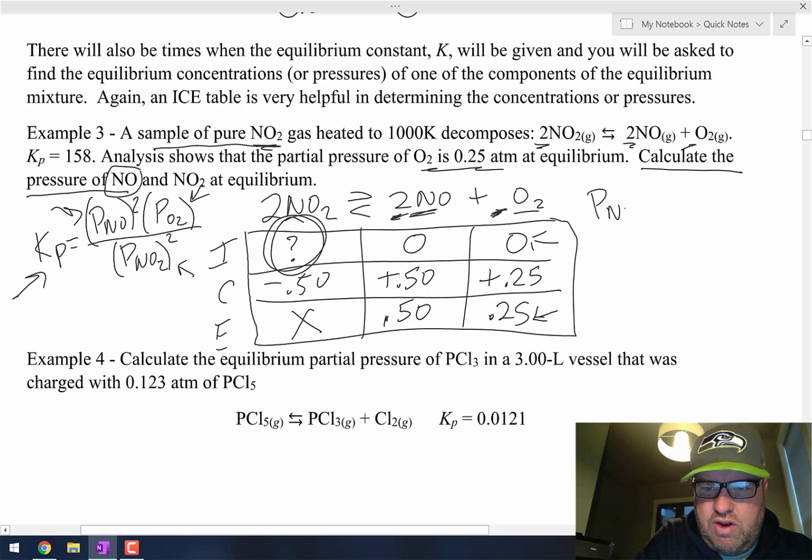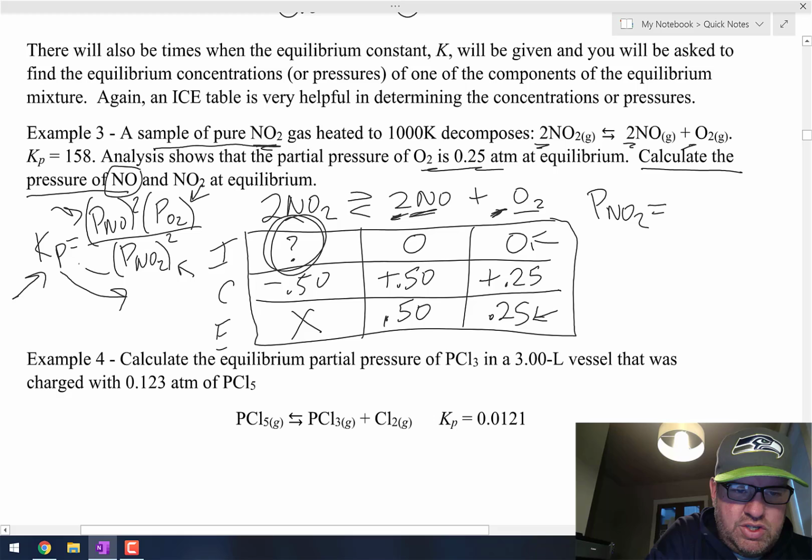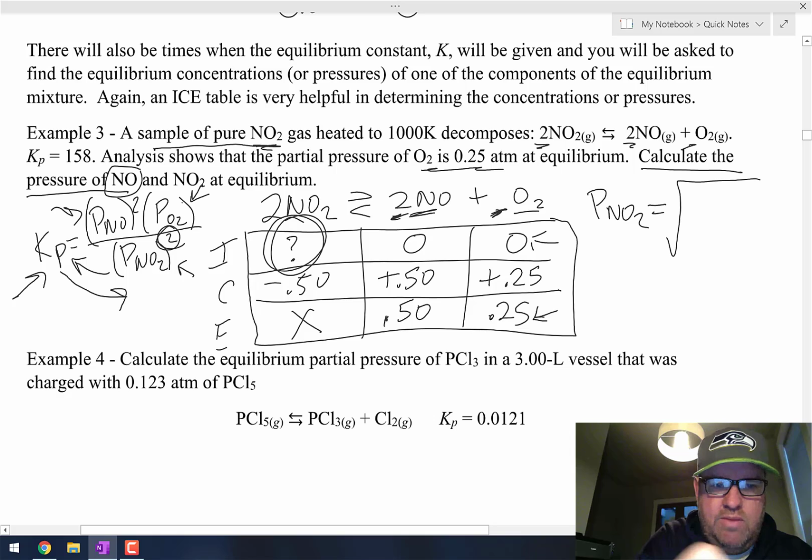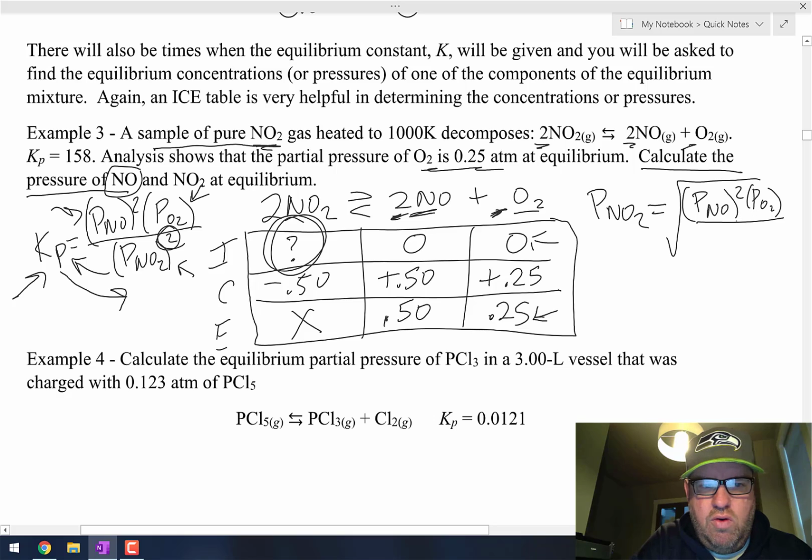So the pressure of NO2 is going to equal, and remember that when you solve for a denominator, you basically just switch those two. So the pressure of NO2 goes over on the left, Kp goes on the bottom. So it's basically going to be the square root, because remember, it's squared, the square root of the pressure of NO squared times the pressure of O2 over Kp.